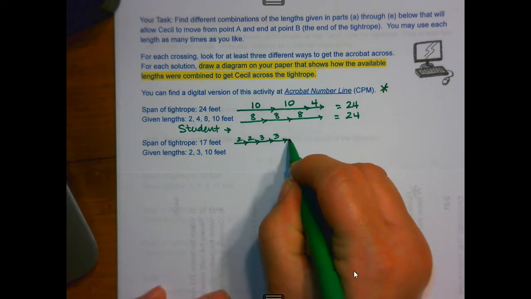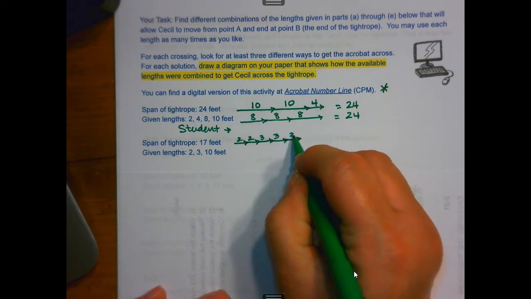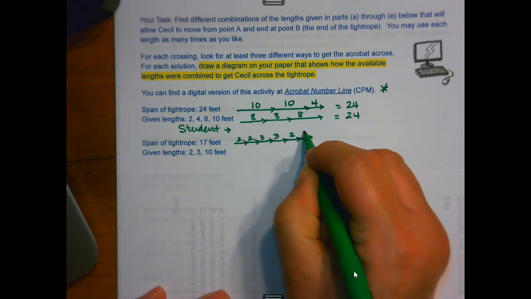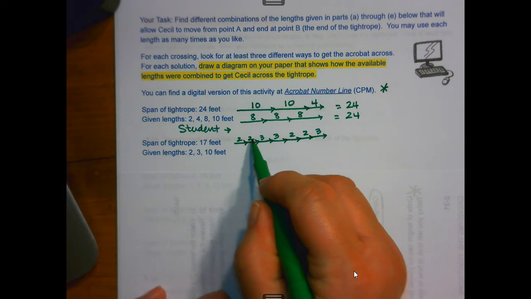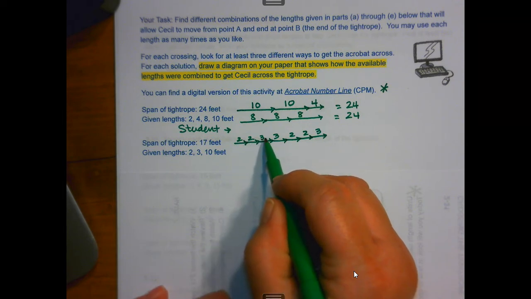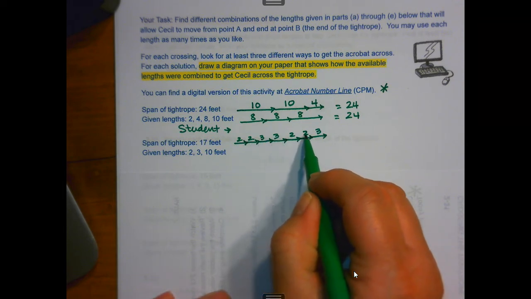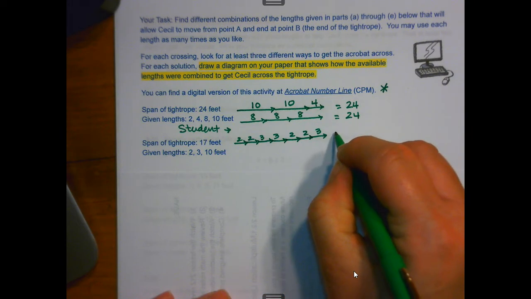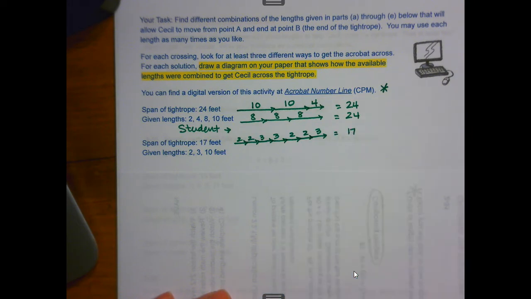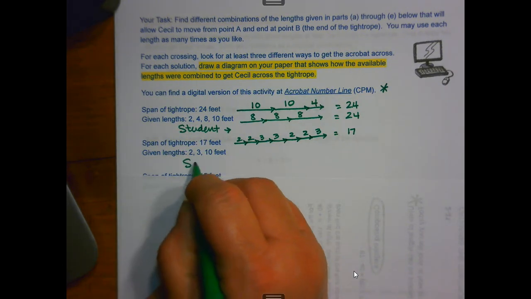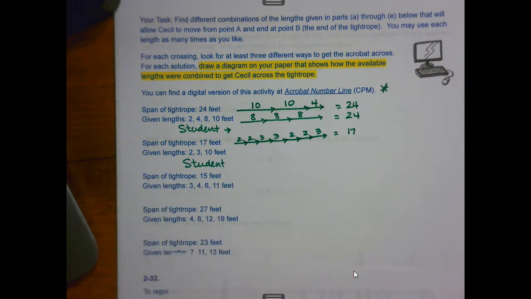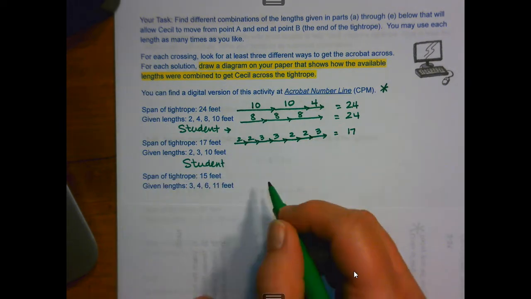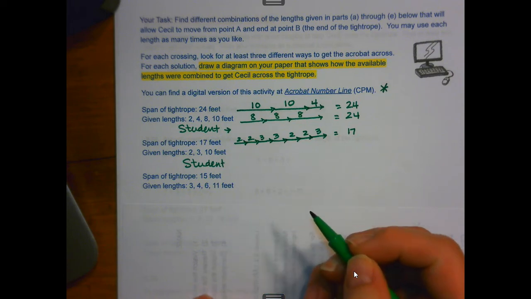And then I'm going to add another 2, and another 2, and another 3, and I've got 2, 4, 7, 10, 12, 14, 17. I think you get the idea. I'd like you to go ahead and do your own for each one of these. I'm going to do one for each of them so that we can monitor and use our time well today.